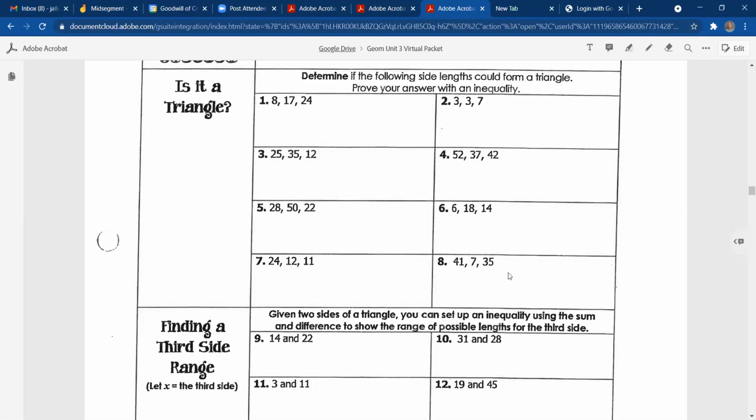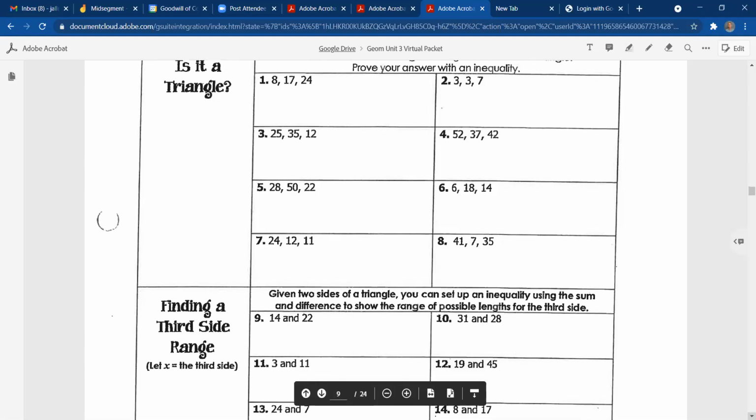Yes. Yep, sure is. It's not a difficult calculation, guys. I don't know why you're hesitating. 7 plus 35 is 42. 42 is larger than 41. So yeah, it's a triangle. The two smaller sides added together have to be longer than the third side.